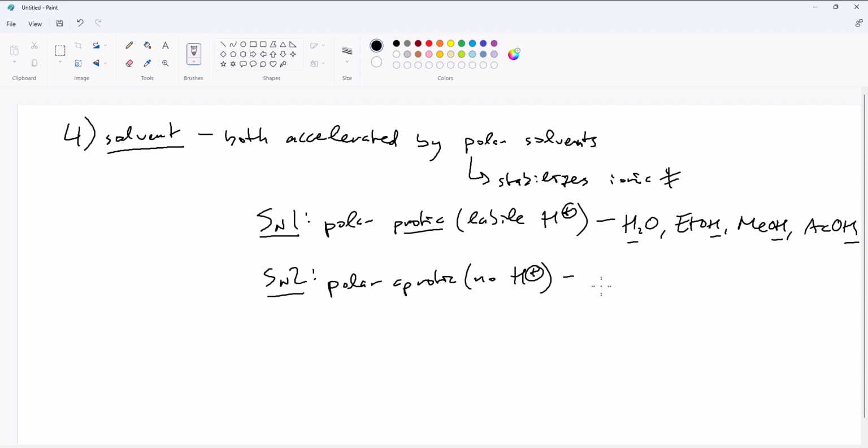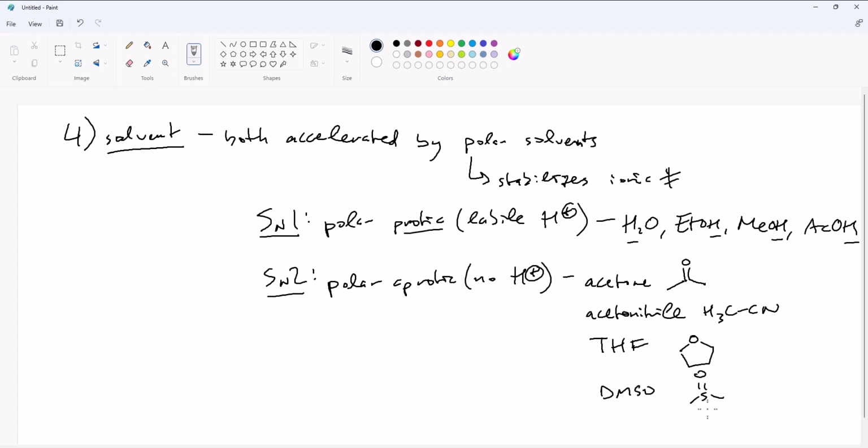There are a couple of traditional solvents that are used for SN2 mechanisms. They're acetone, which has a structure like this. Another common one is acetonitrile, which has a structure like this. THF, which has a structure like this. And then DMSO, which has a structure like this.